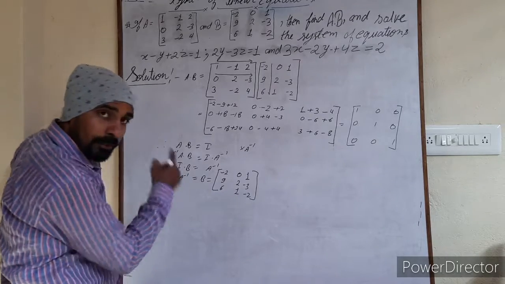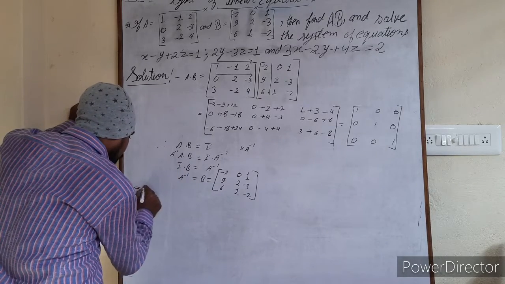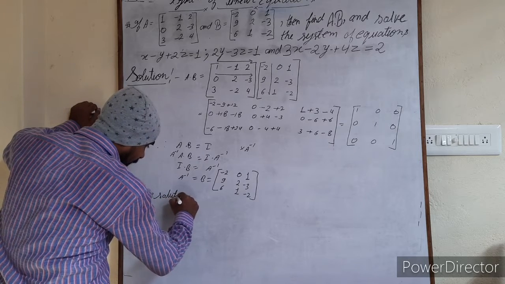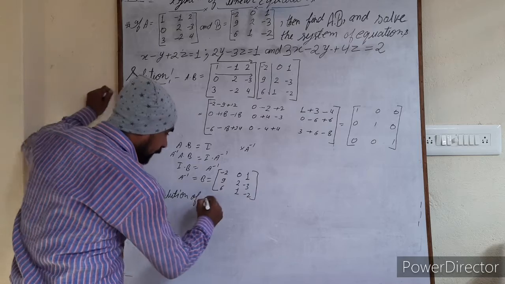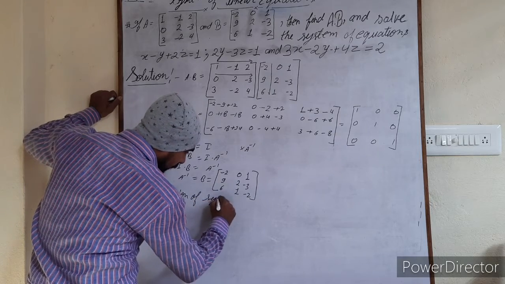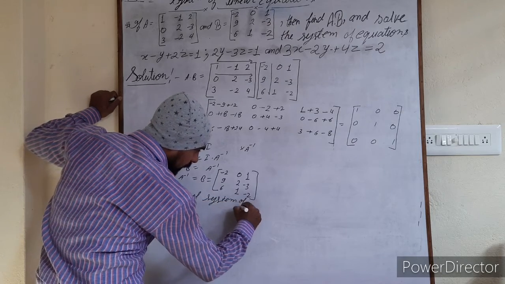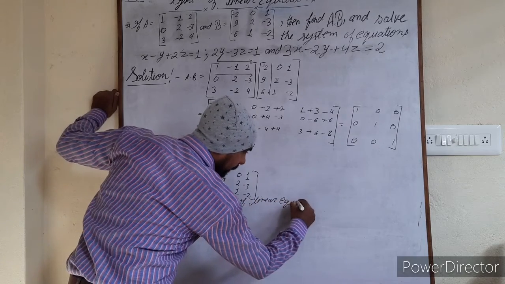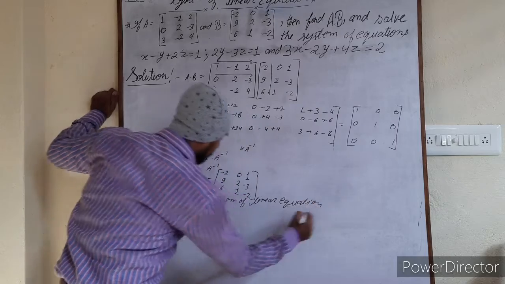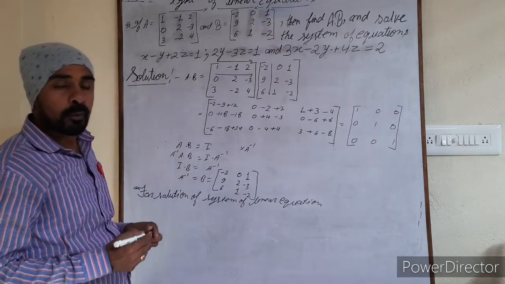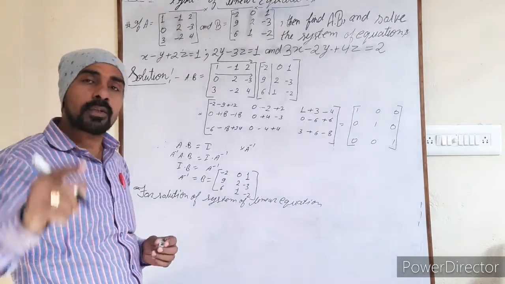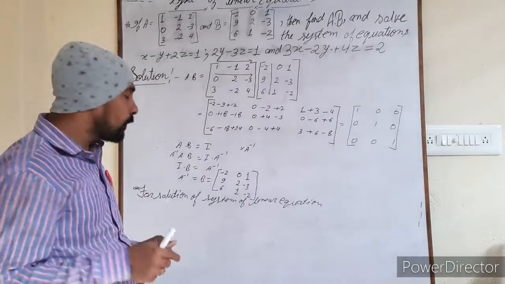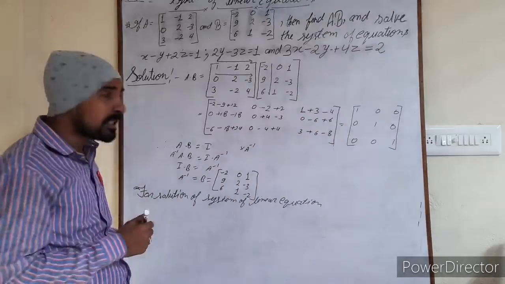So for solution of system of linear equation, what we have to do, that must be Ax is equal to B, but actually B has been already taken here, so we won't include B, we will write down C. Why?